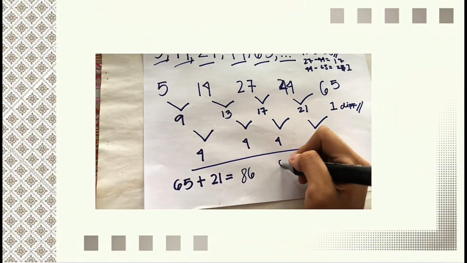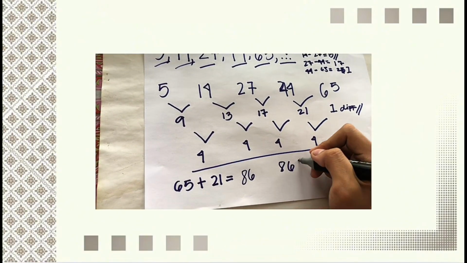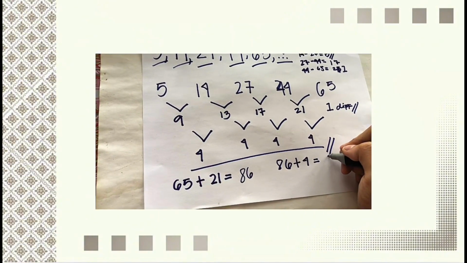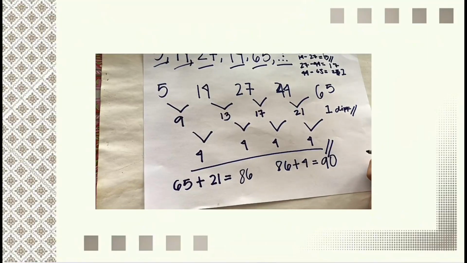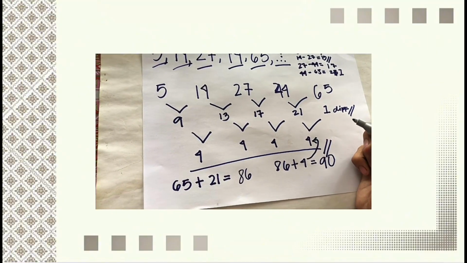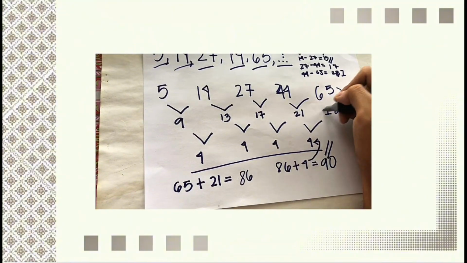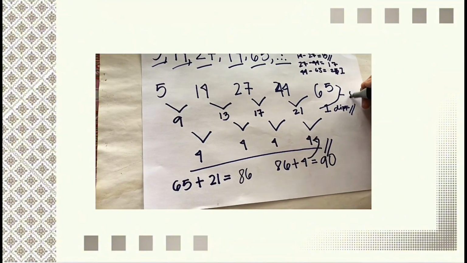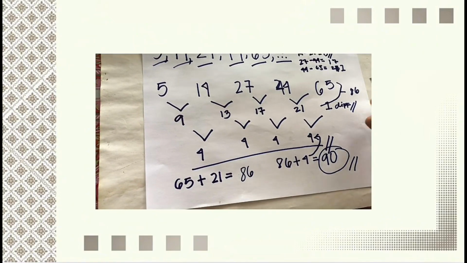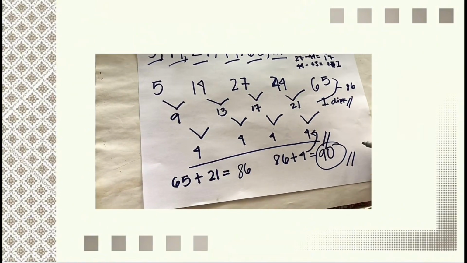Then 86 plus the constant number, which is 4. So 86 plus 4 is equals to 90. So that is our ninth term. The 4 came from the constant number, and the 86 came from 65 plus 21. So again, our final answer is 90.